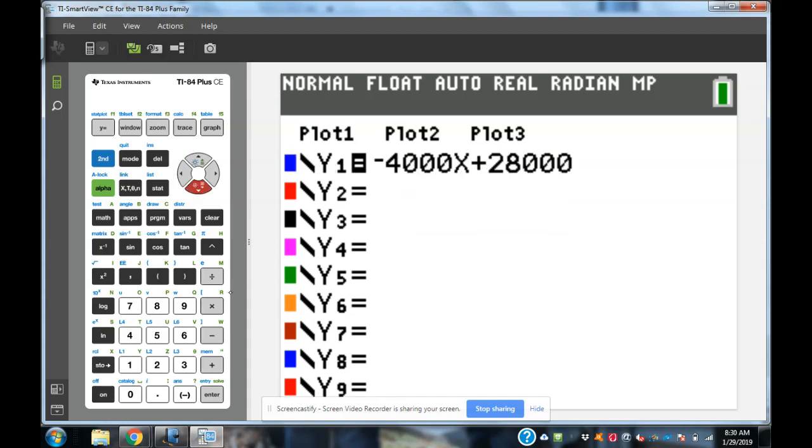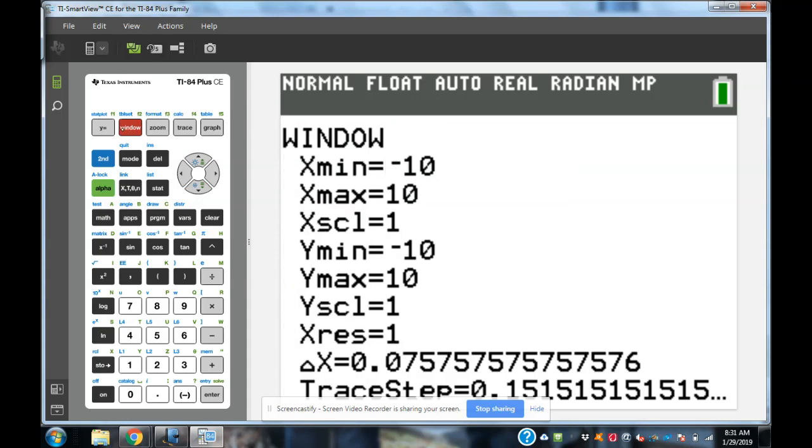Now, let's change the window. So hit window, and then our X-min and our X-max, we can leave those the same. That'd be fine. On our Y min and max, we need to change those, right? Because what's our y-intercept? 28,000.